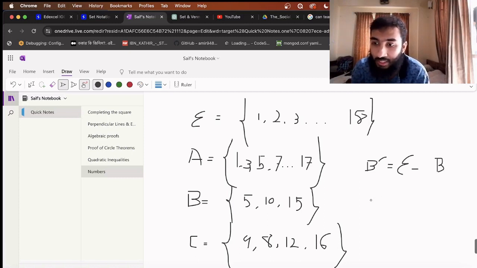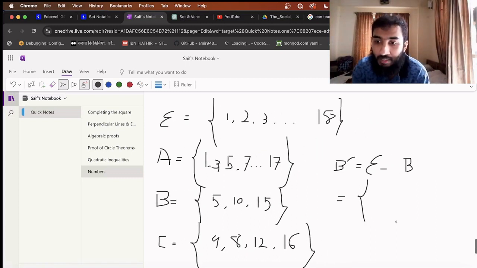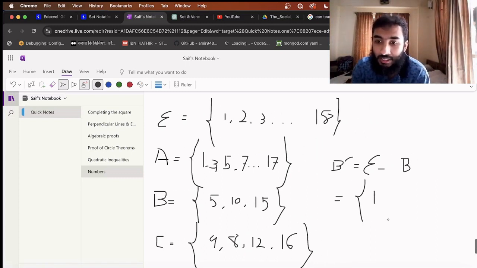So what is the universal set excluding B? If I subtract the elements of B from the universal set, what do we have? B has 5, 10, 15 and the universal set has all the positive numbers from 1 to 18. The resultant will be all the numbers from 1 to 18 except 5, 10 and 15.